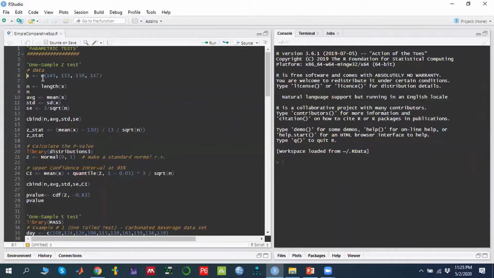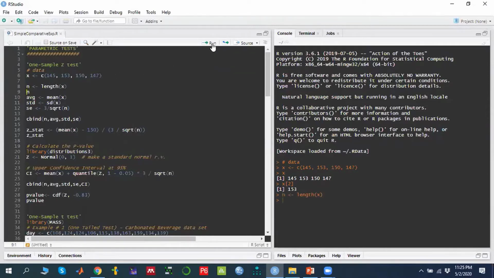If I write down x over here, I can see all those 4 numbers. I can also access each element. If I write x[2], I will get the second position element. But right now, first of all, I want to know how many values are stored in the data set x.